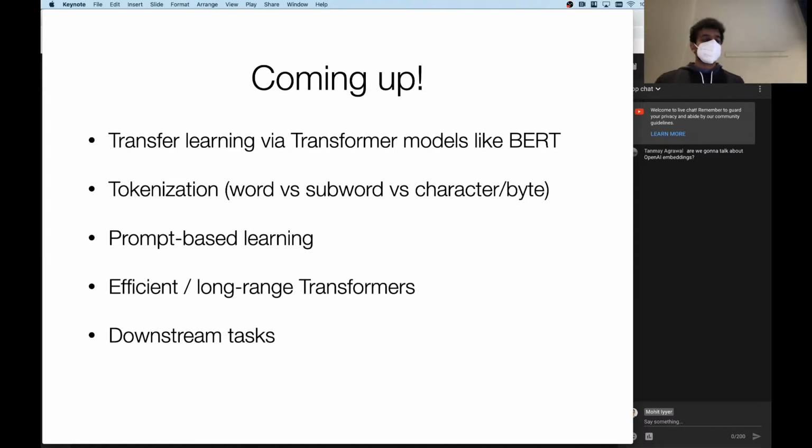Actually, I'm not sure what order we're going to do this in, but at some point we will talk about tokenization, which is how you actually segment your input. As of now, we've been talking about our inputs always being words with word embeddings, but that's not actually how any of these models work. Their inputs are usually subwords, and sometimes nowadays we have character or byte level models which have different properties. So we'll talk about that.